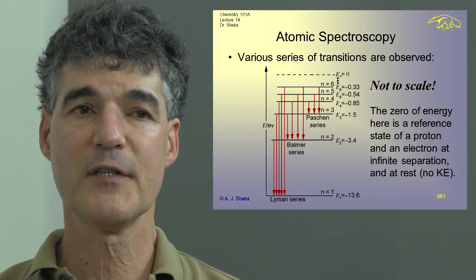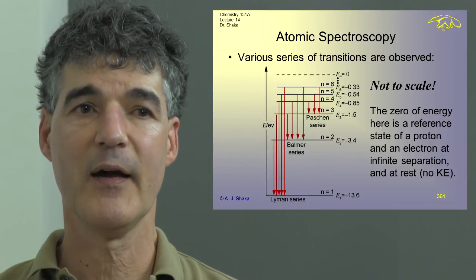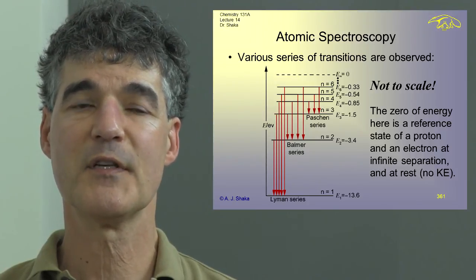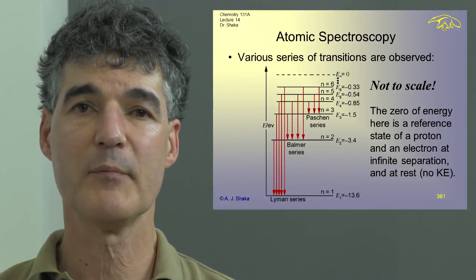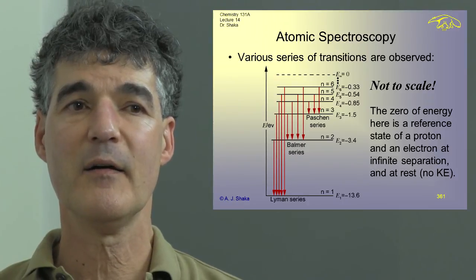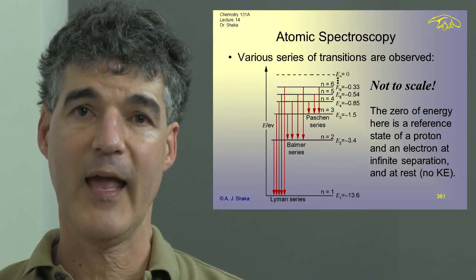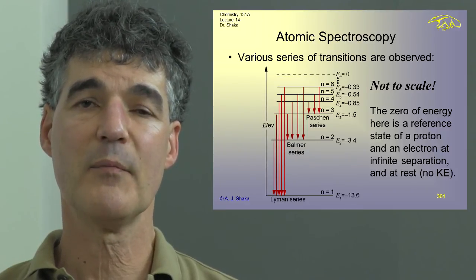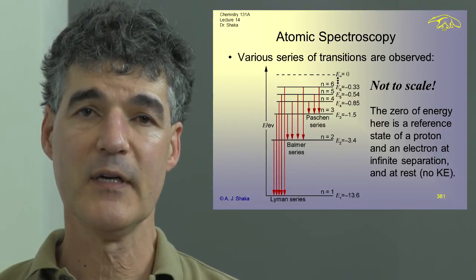And then there's another series, the Balmer series, that's in the visible range, in which the electron jumps to the n equals 2 state. And then there are other series, and they have names according to who worked on them. The main thing to keep in mind here is that any change in the quantum number n in the energy is allowed in principle.